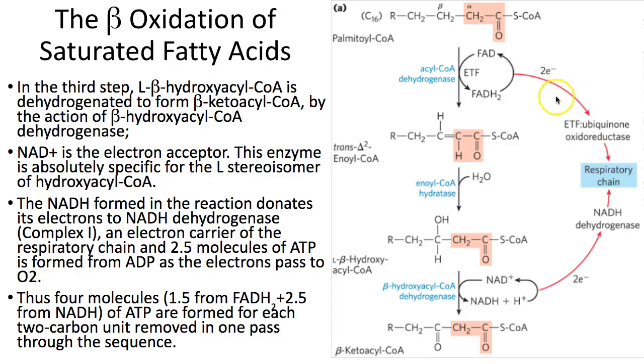And so overall, within this stage right here, it produced 4 molecules in total of ATP per pass of oxidizing the palmitoyl coenzyme A.